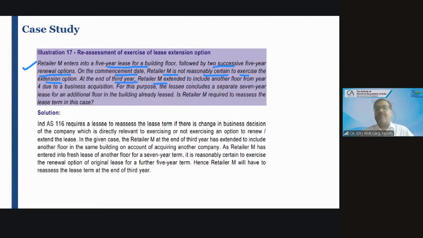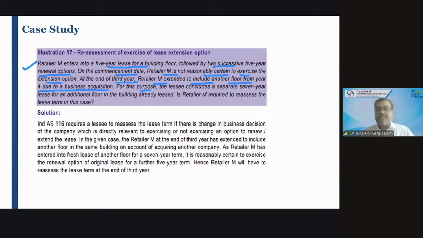Retailer M extended to include another floor from year 4 due to business acquisition. So this retailer M, this lessee, business has grown. They have acquired one more business. And this lessee has also taken one more floor in the same building on a lease basis.